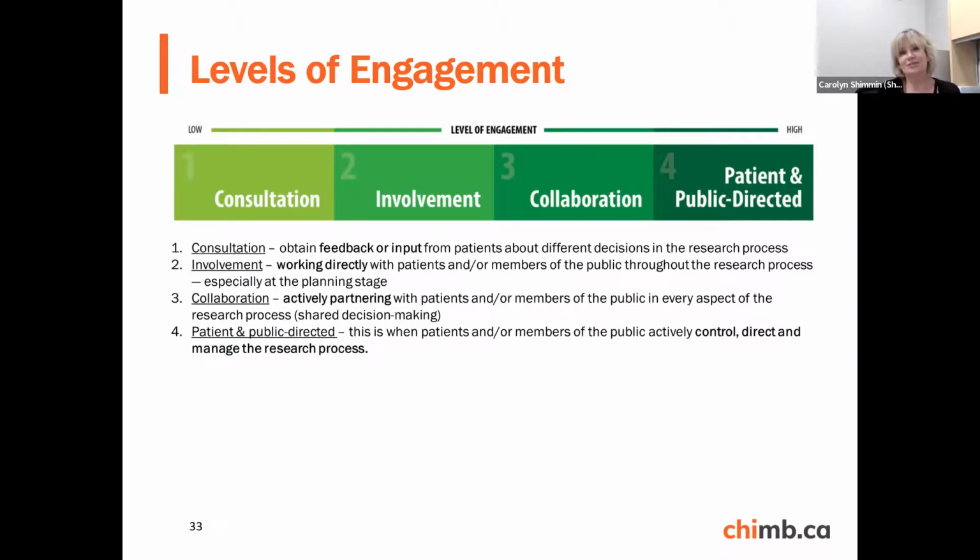At the involved level, we're really looking at working directly with patients or members of the public throughout the research process. So especially at the planning stage, to ensure that their hopes and their concerns are clearly understood and considered, and the research process directly reflects their aspirations and apprehensions. Some of the big things at this level is that it's really important to have a clear understanding about which decisions in the research process people with lived and living experience can truly inform, right?